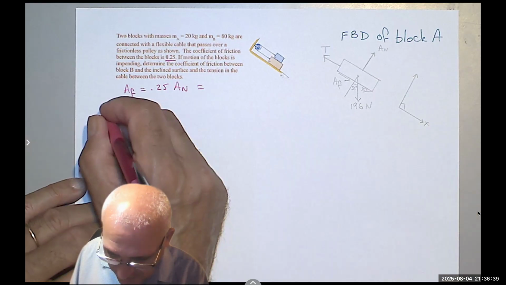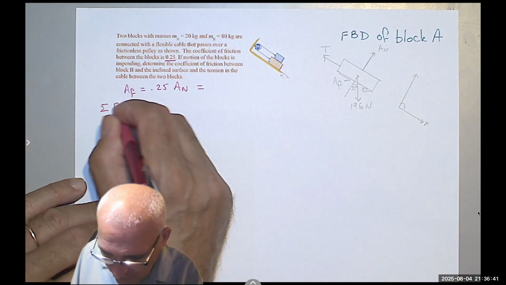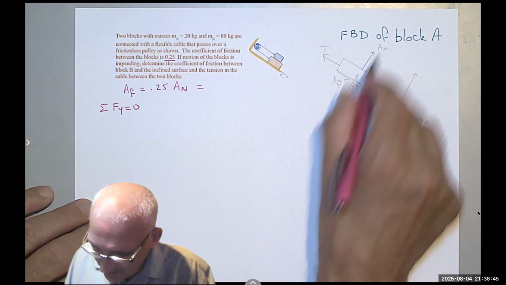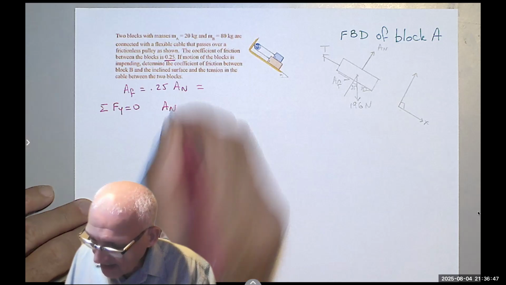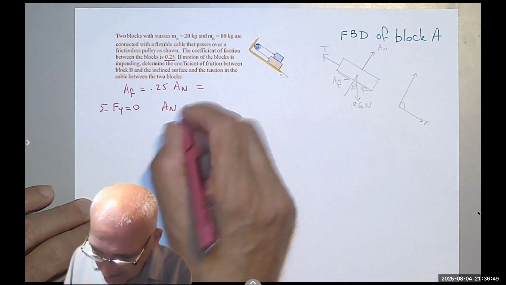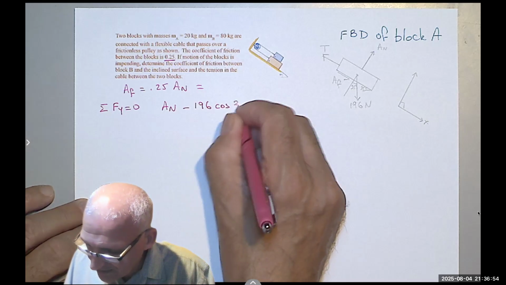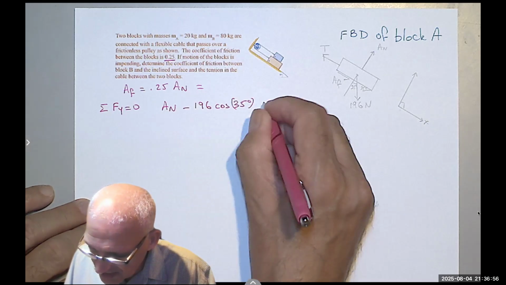So it makes perfect sense to start with the summation of the forces along the Y-axis and equate that to 0. I have A sub n going up, minus 196 cosine 35 degrees equals 0.